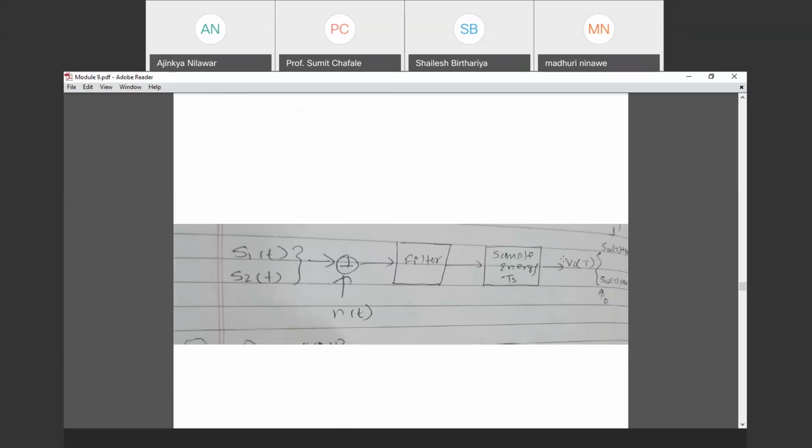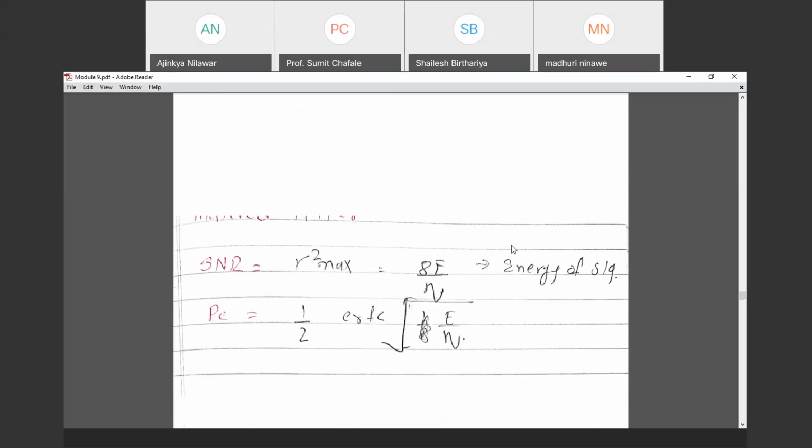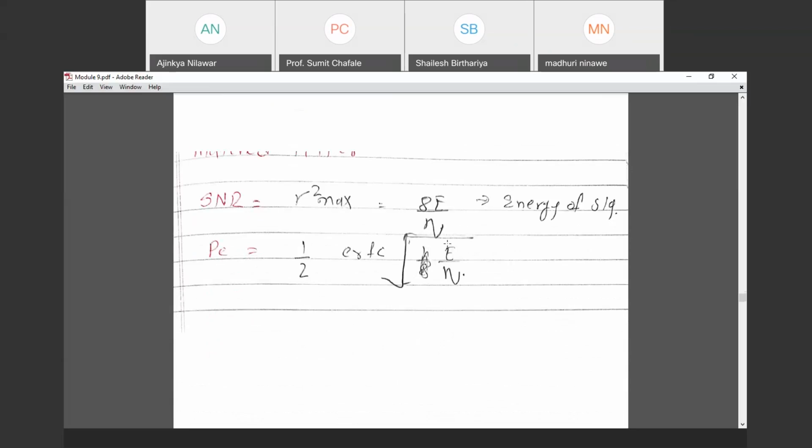Then the sample energy of this signal at the output is given by S0 of t. As far as the exam is concerned, what is important? We require its signal to noise ratio and error probability. So signal to noise ratio is given by 2E divided by eta. Eta is the efficiency, output by input, and E is the energy of a signal.